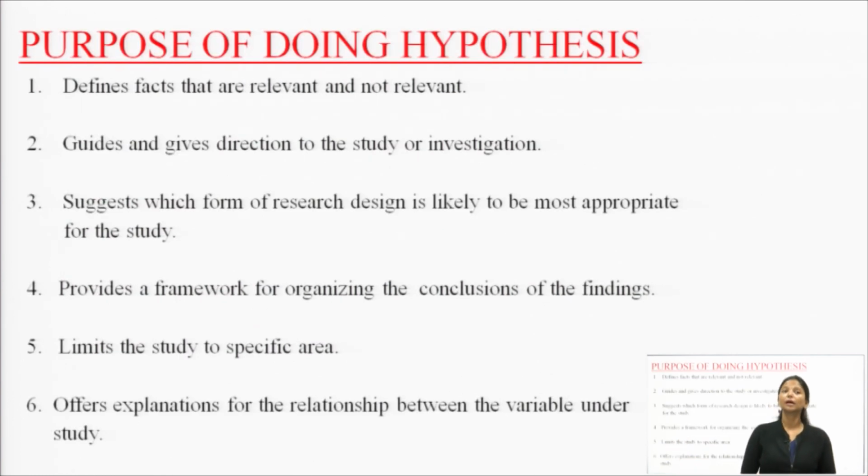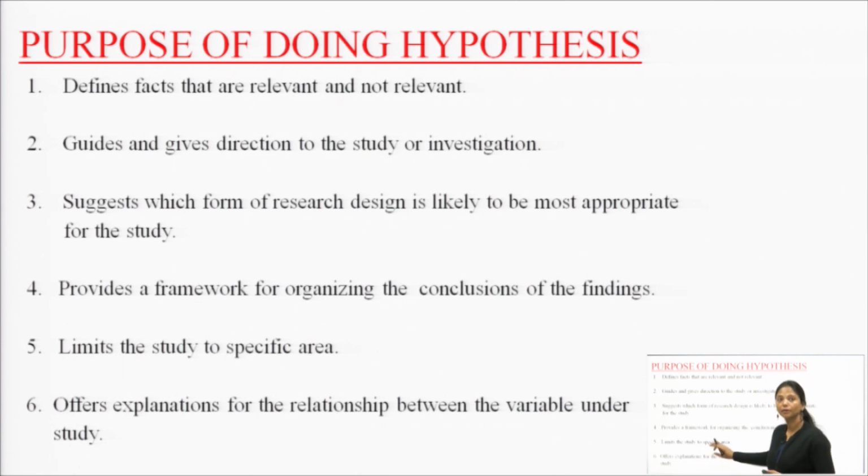Now what is the procedure of doing this kind of hypothesis, how to go further? You are supposed to define the facts that are relevant and which are not relevant. You are supposed to give a direction to your study or investigation. You are supposed to suggest what research design is appropriate for your study. You are supposed to give a framework for organizing the study and the conclusion of the findings.